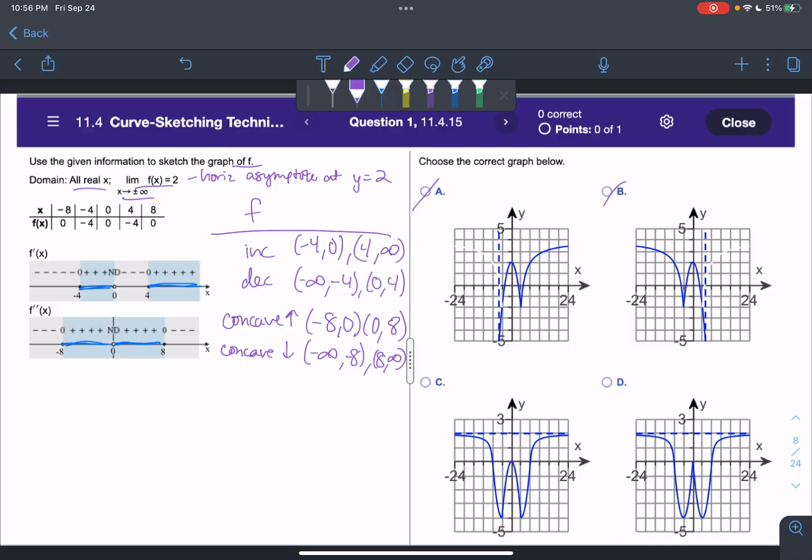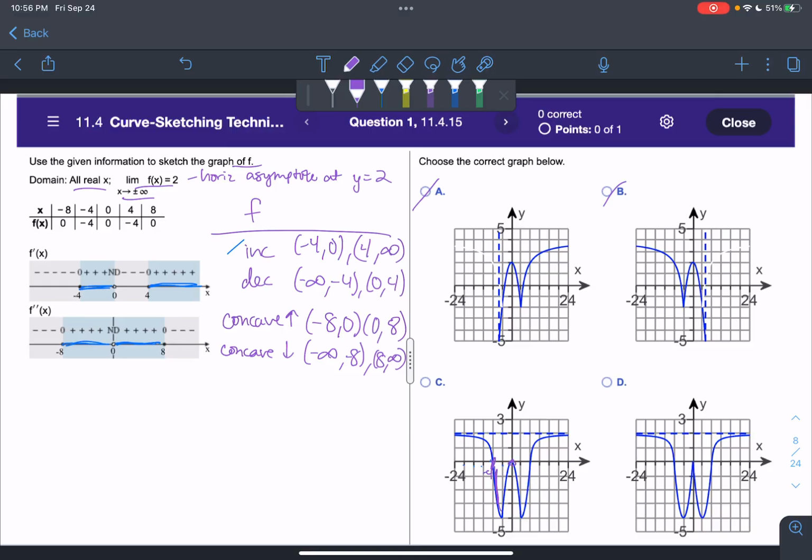Okay, so let's look at f is increasing from -4 to 0. I think each of these are 4 units. So -4 is here. So if we're increasing from -4 to 0, well, we're decreasing here, right?